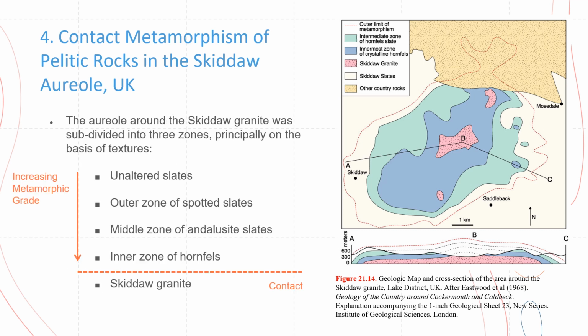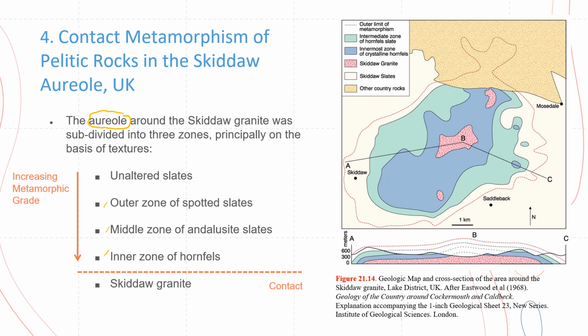As you would remember from our previous discussions on contact metamorphism, with contact metamorphism you would have an aureole forming around the igneous body. So the aureole around the Skiddaw granite was subdivided into 3 zones. So we have our inner zone, middle zone, and outer zone.